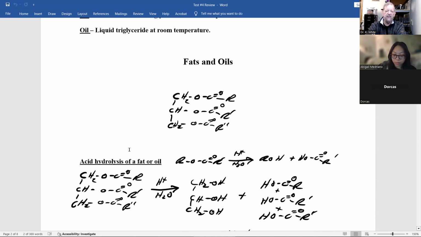Now, the general structure for fats and oils is this triglyceride. And remember, an ester, synthetic organic chemists write it this way. Oil chemists, which means we deal with fats and oils, write it backwards.